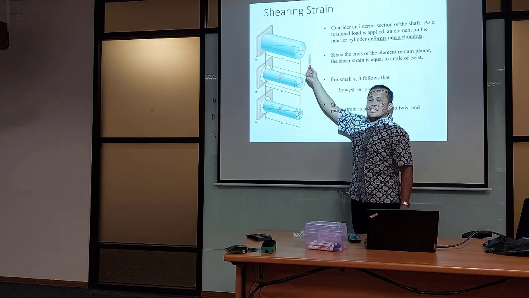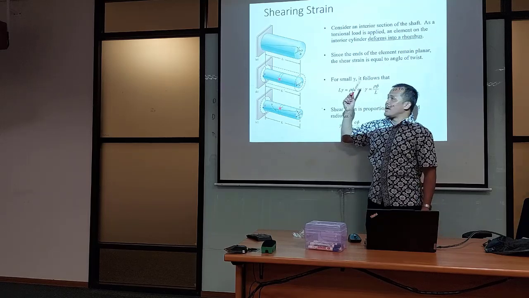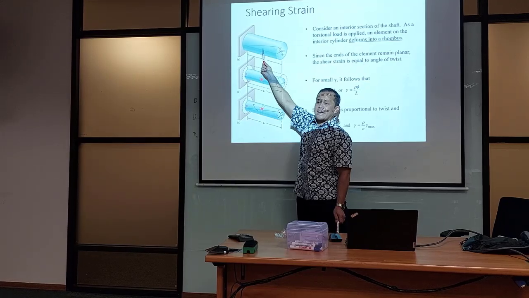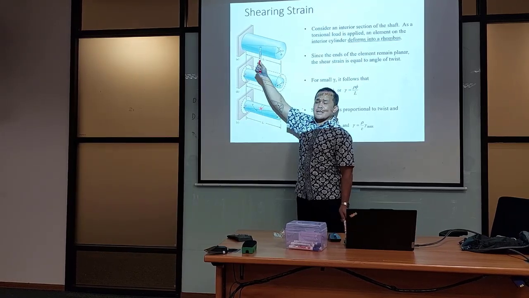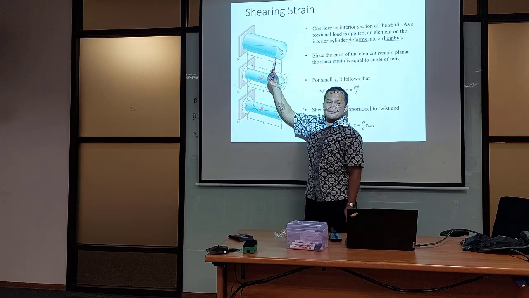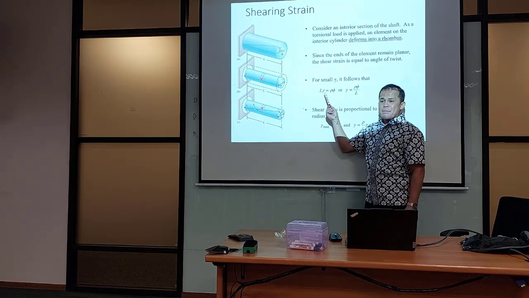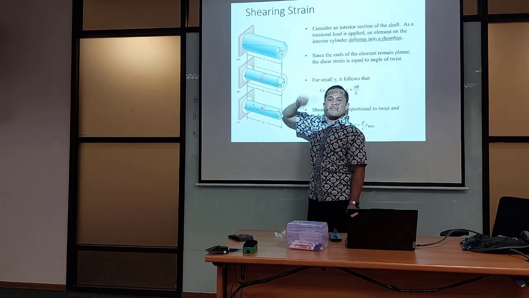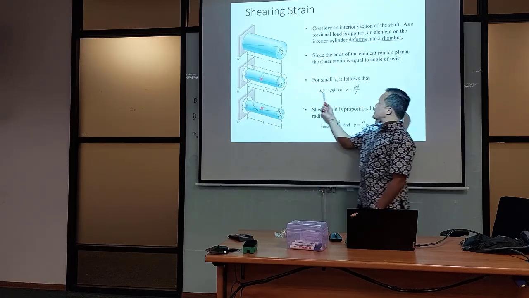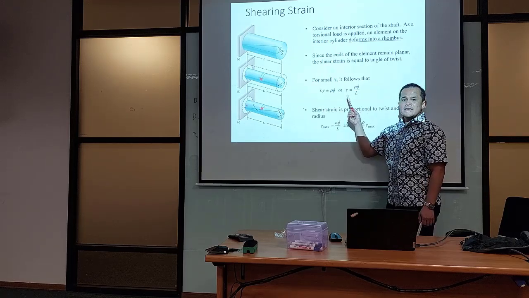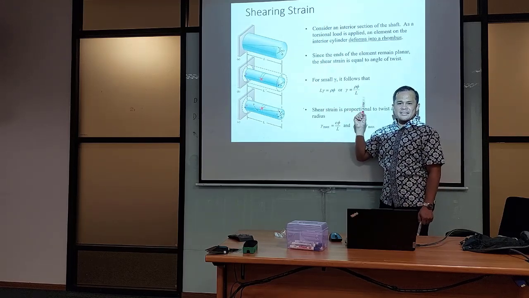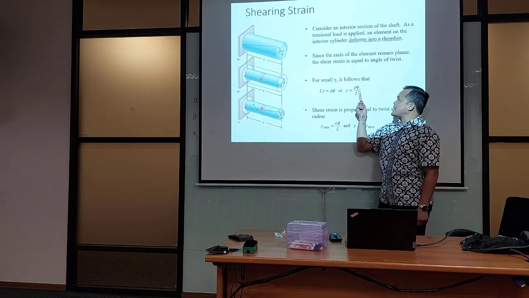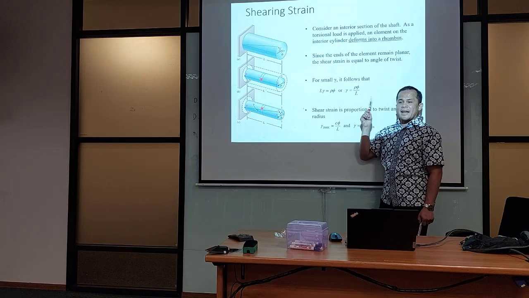If phi is the twisting angle, we have another angle that can define the same displacement. We call that gamma. L gamma is also the same arc. So this is the relationship. Therefore, shear strain because of torque is defined by phi times radius divided by L.